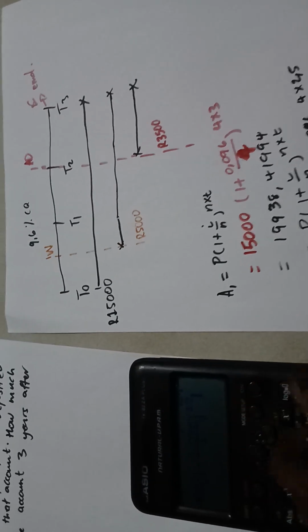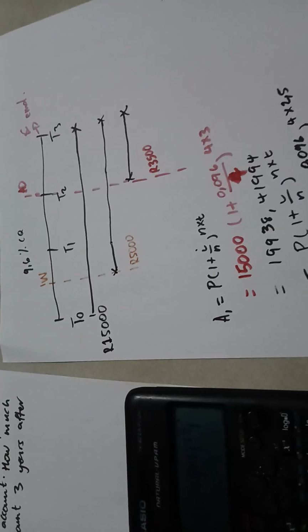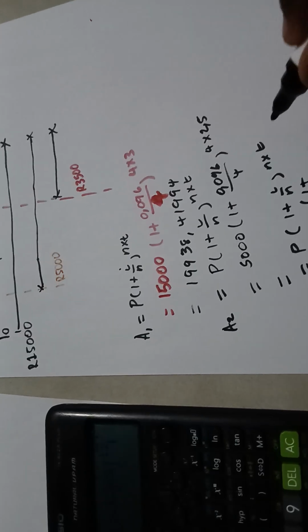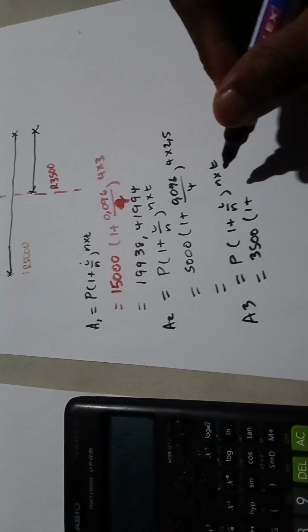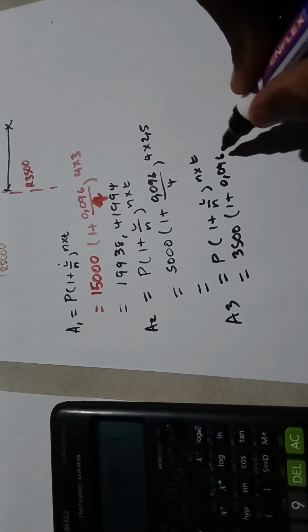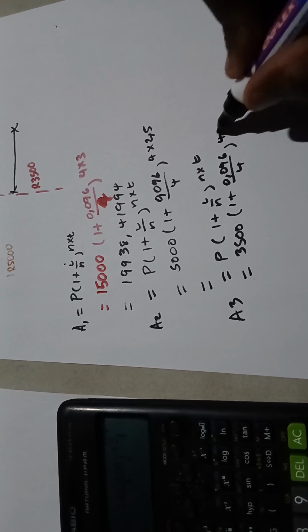So now the additional deposit was made for 1 year, ne? Which means the amount of money just stayed in the account for a year. So it's 0.096, the same interest rate, but it's 4 times 1 because it just stayed for 1 year, ne?